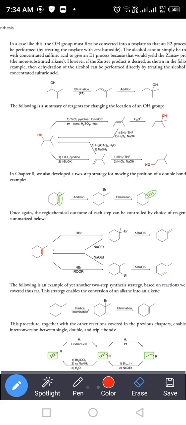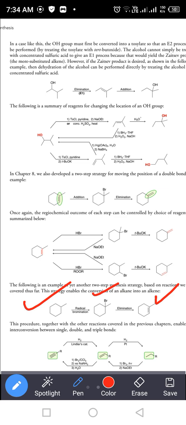Again, a cycloalkane is given. This is a substituted cycloalkane. Change this cycloalkane into a cycloalkene. So how does a cycloalkane directly change into a cycloalkene? Treat it with halogen, radical bromination. We know that whenever we want to bring a halogen onto the tertiary carbon, always do radical bromination.